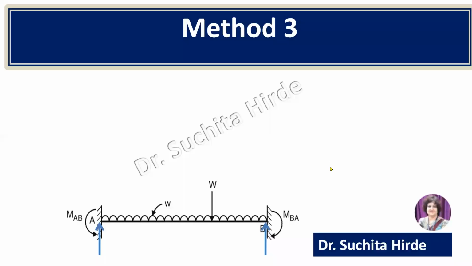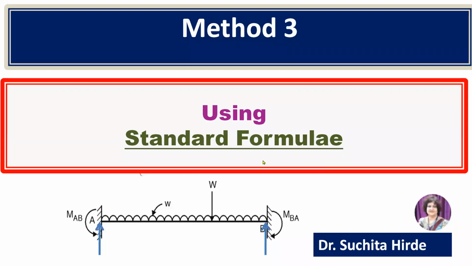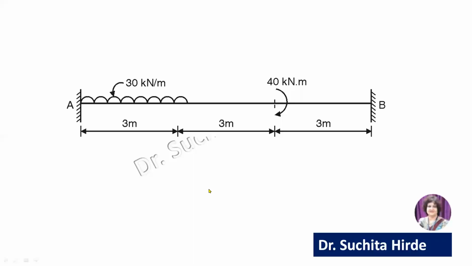Now, the third way of solving this problem is using standard formula. In this beam, there are two loads. One is partial UDL and the second is moment. For partial UDL, we do not have any standard formula, but for moment, we have a standard formula.